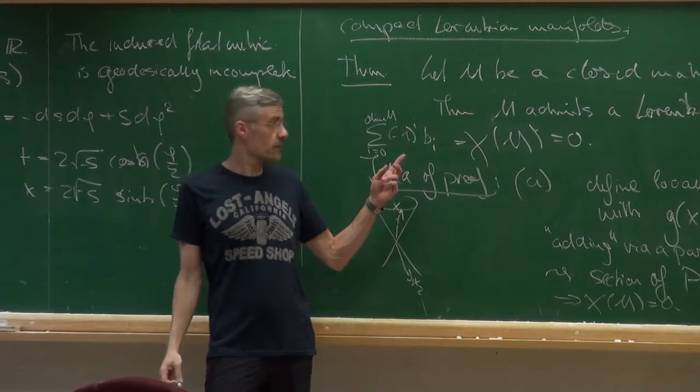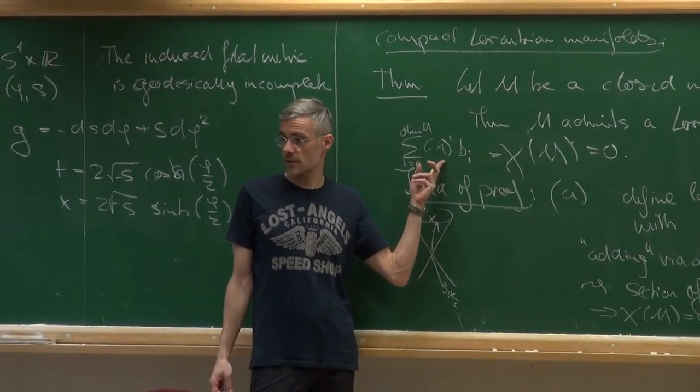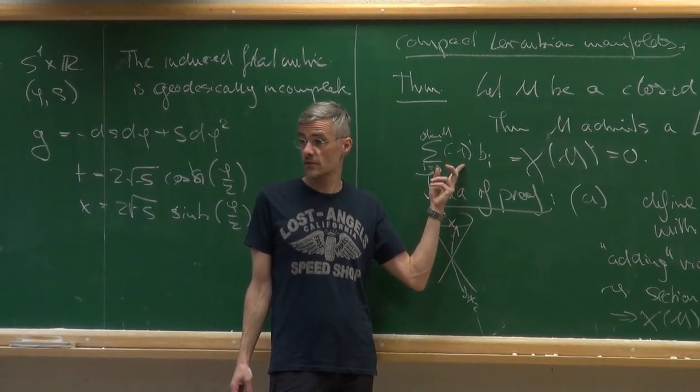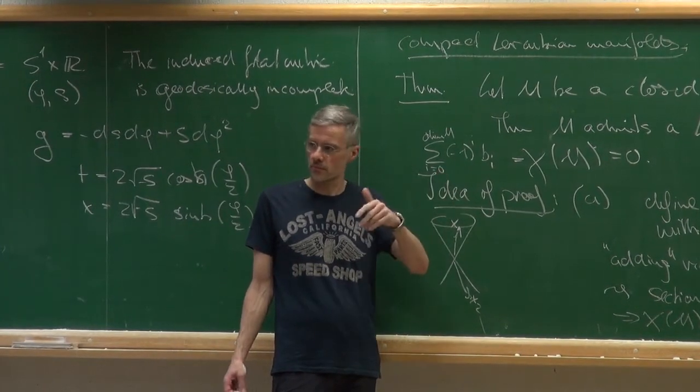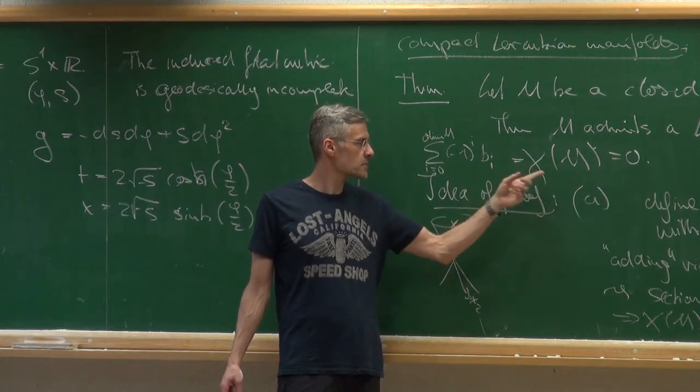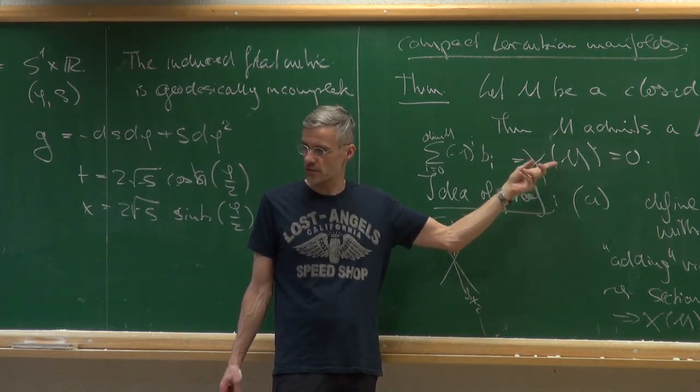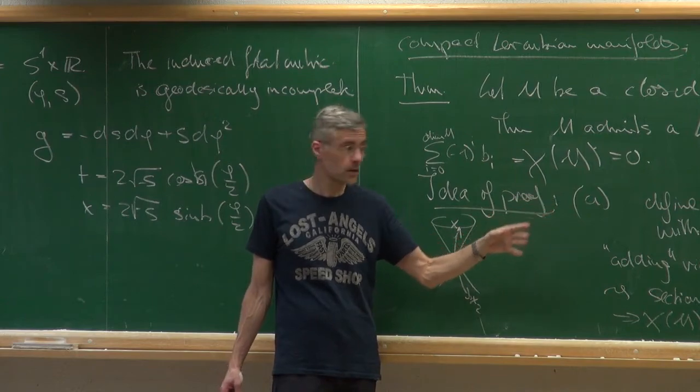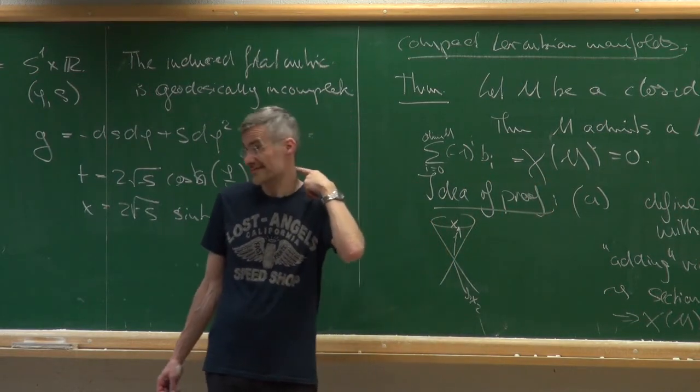And in odd dimensions, this is of course zero by Poincaré duality, and that's why in the odd dimensional case you always have a Lorentzian metric. And in the even dimensional case, it's not automatic.